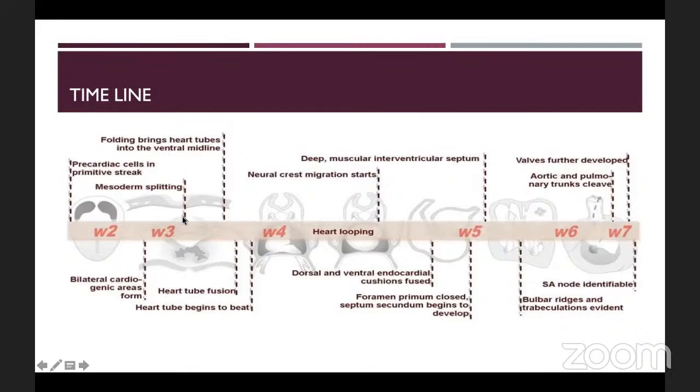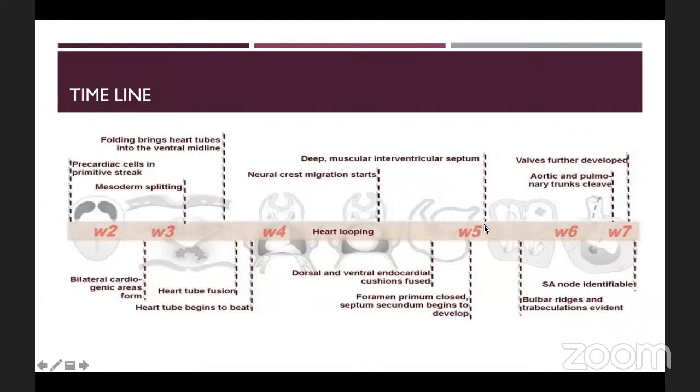In the late third week, mesoderm splitting and folding bring the heart tube into the ventral midline, and the heart tubes fuse and begin to beat by the end of the third week. At the end of the fourth week, neural crest migration starts, and the dorsal and ventral endocardial cushions fuse. The foramen primum closes and the septum secundum begins to develop.